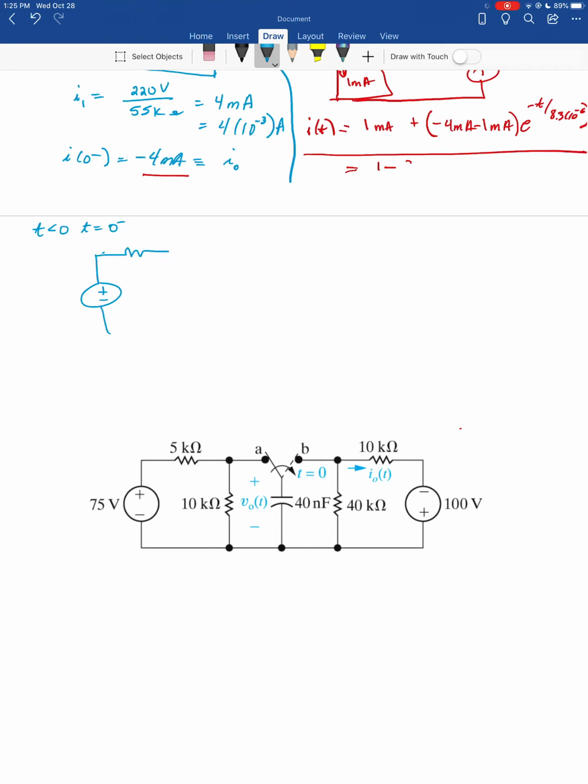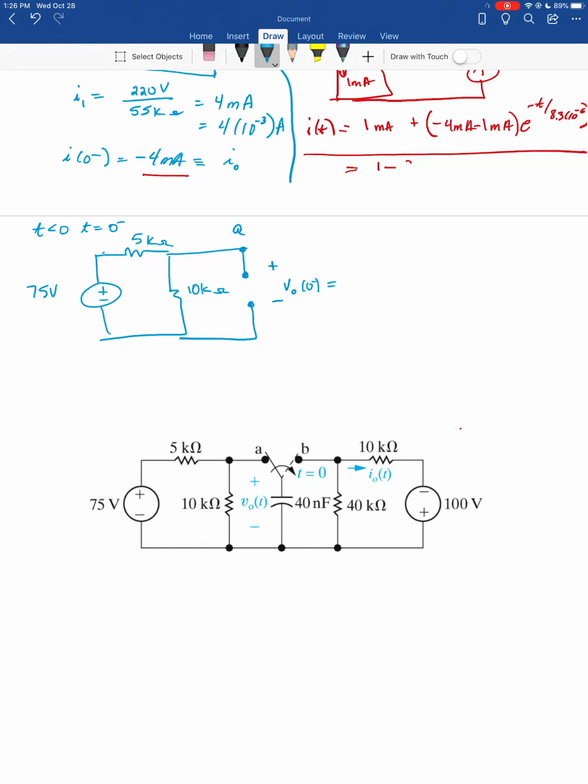We'll evaluate that circuit at 0 minus, the instant before the switch closes. We have the 5 kilo ohm and the 10 kilo ohm, the 75 volts, here's our point A, and our capacitor. Because it's been sitting for a very long time, it appears to be an open circuit.